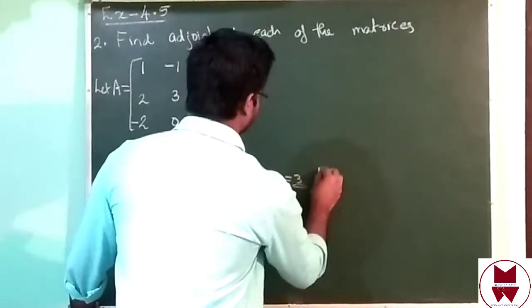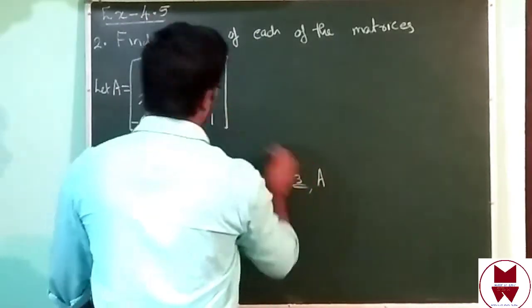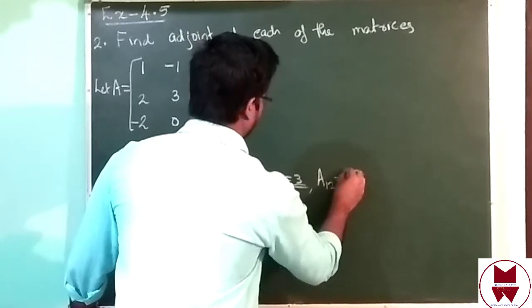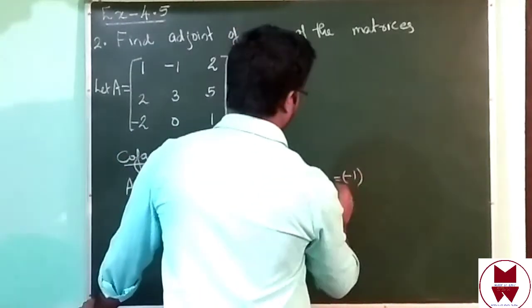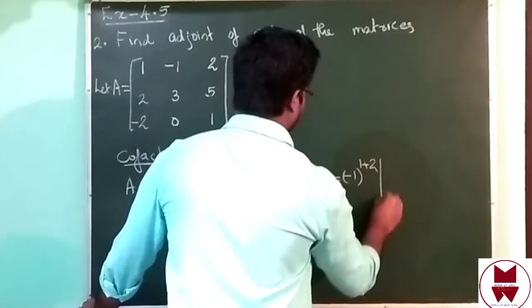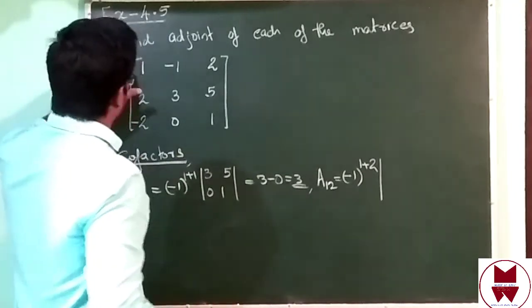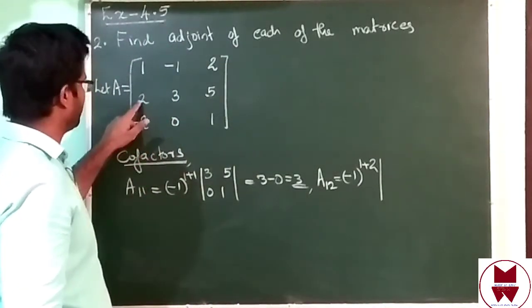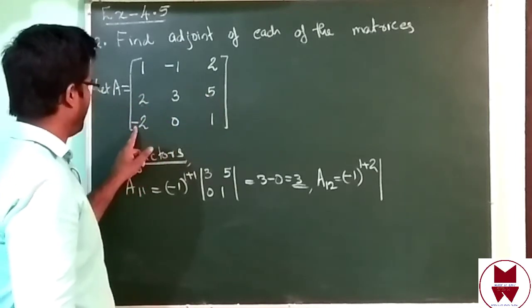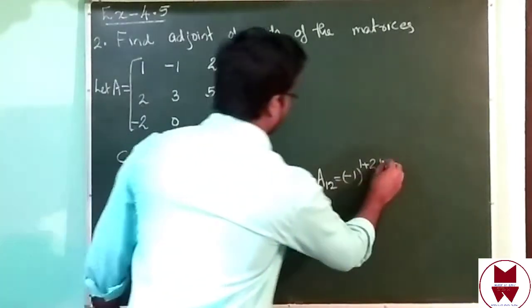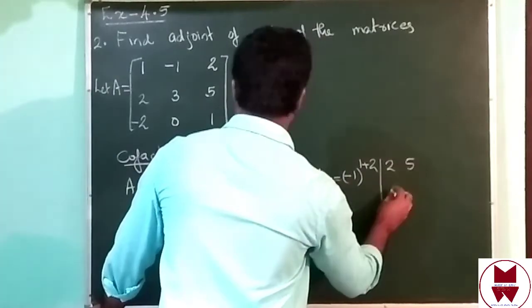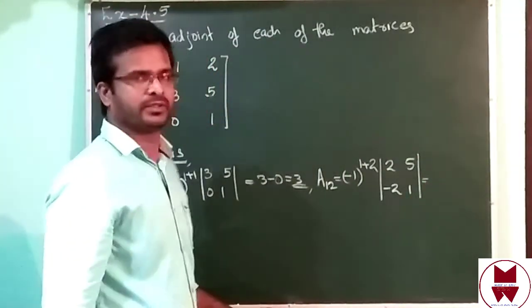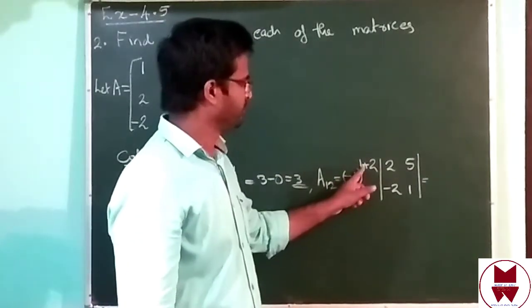Next, this element, A12 equals minus 1 raised to 1 plus 2, determinant. Just delete first row, second column. What is the remaining? 3, 2, 5, minus 2, 1. Hmm: 2, 5, minus 2, 1 equals minus 1 all cubed.